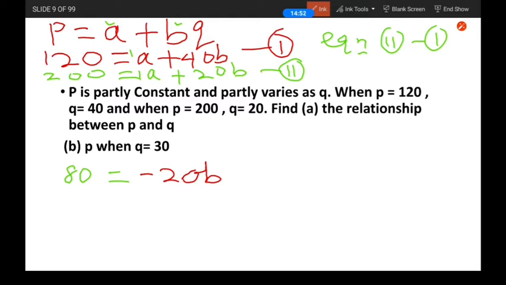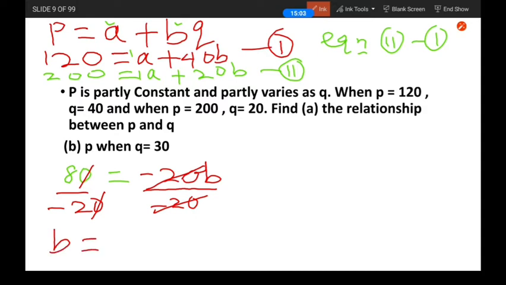So what do we do? Divide by minus 20, divide by minus 20. So 0 cancels 0. So my B equals what here now? Minus 4. Very good.